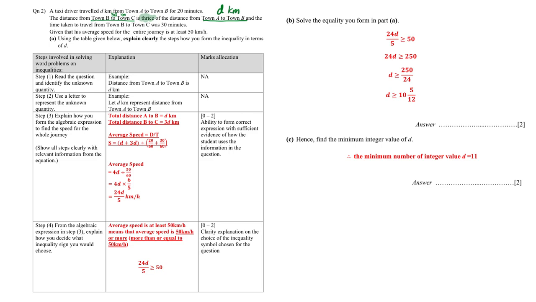And next, the time taken to travel from B to C is 30 minutes. So given that his average speed is at least, the word at least is very important, 50 km per hour, we are going to now form an inequality.